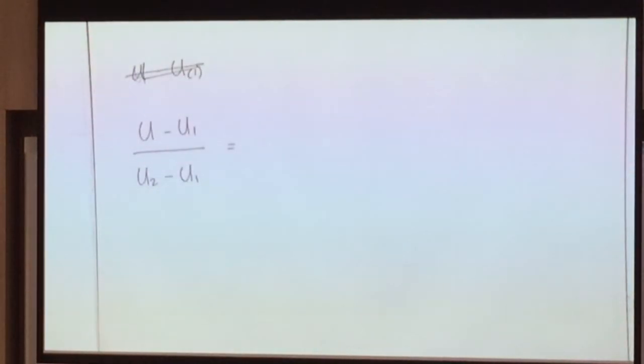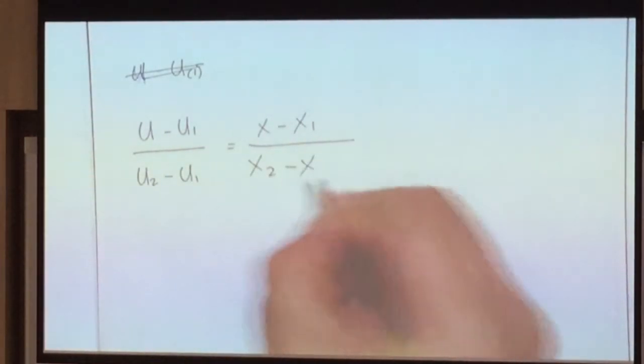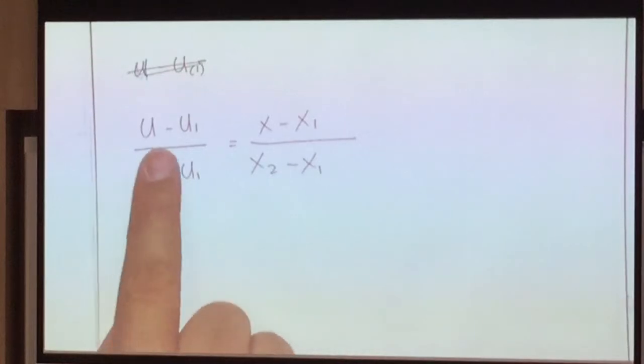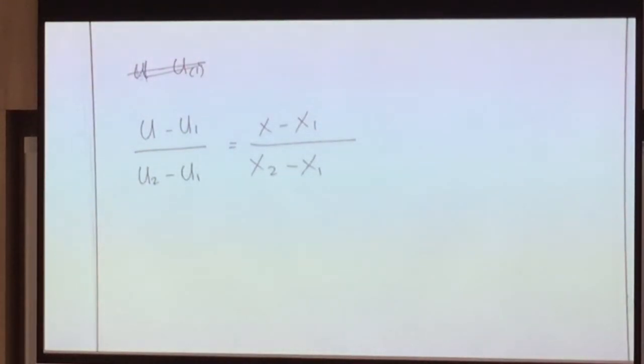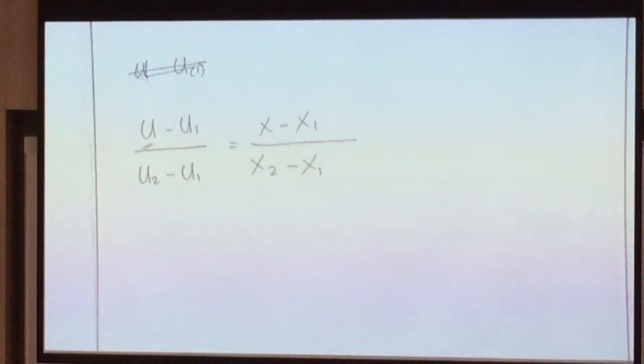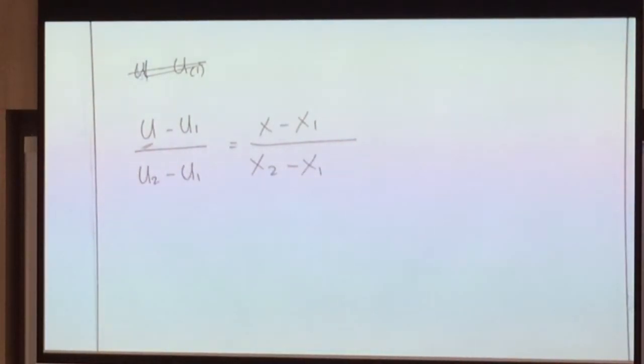What do we have here? That is x minus x1 divided by x2 minus x1. We're just interpolating. The thing is, we want to put everything on one side and just u on the other side, because u is our function. So we want an equation where we determine this value u.